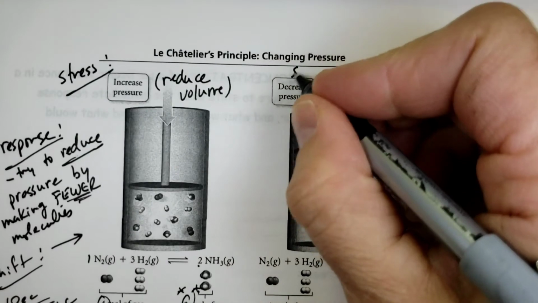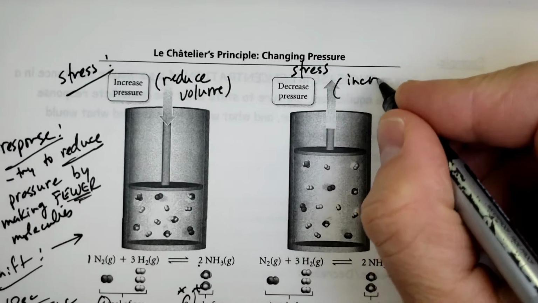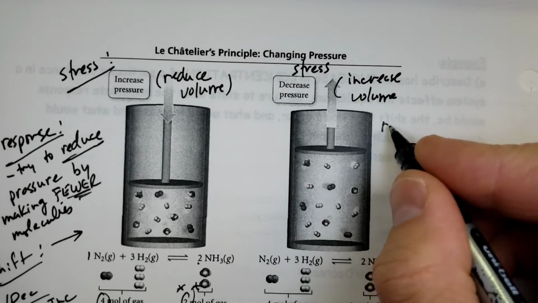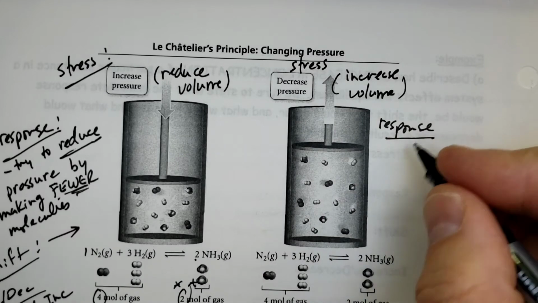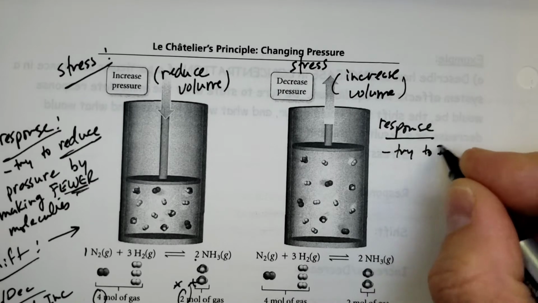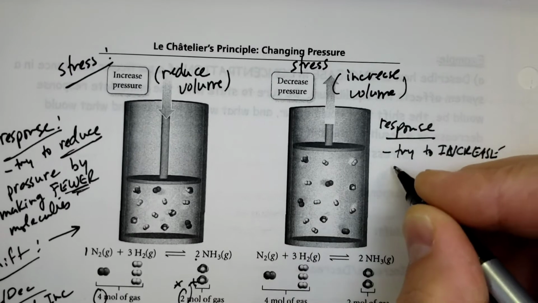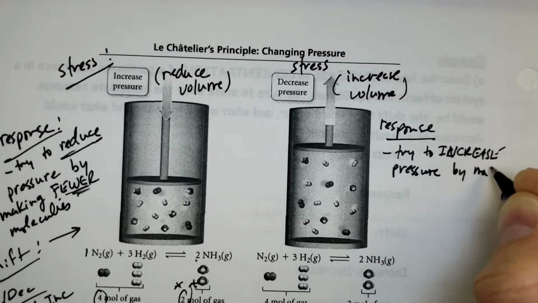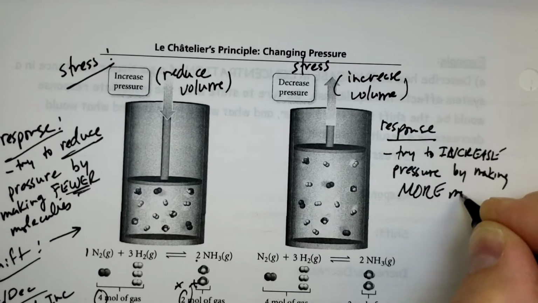Vice versa, if we look over here, if the stress was to decrease pressure, and of course that happens when you increase volume, the response will be, even though it doesn't seem like a stress, having decreased pressure, the opposite of that is to try to increase pressure by making more molecules.